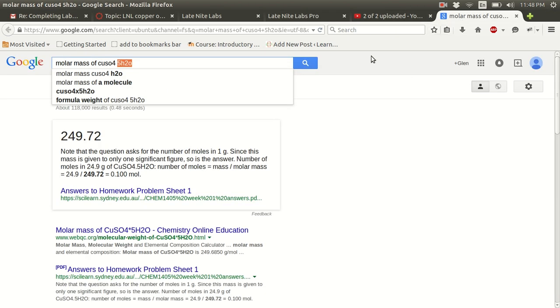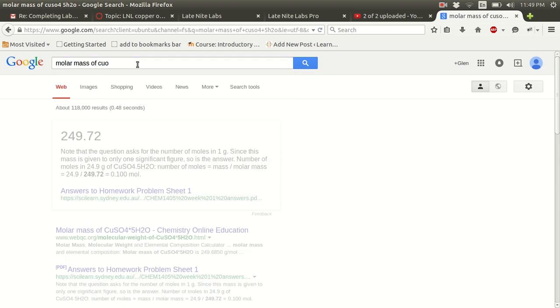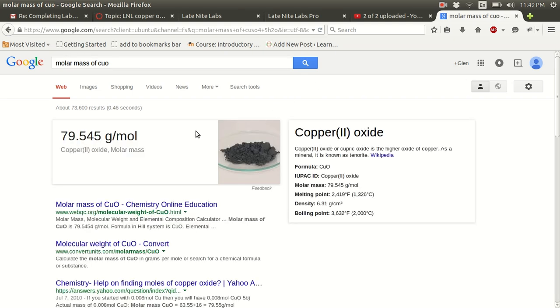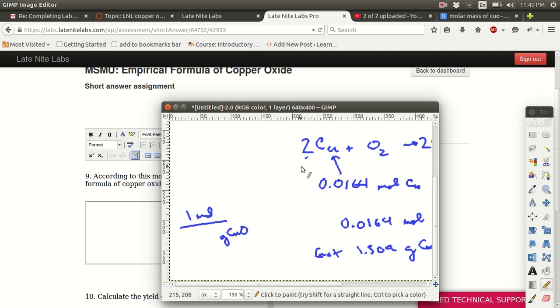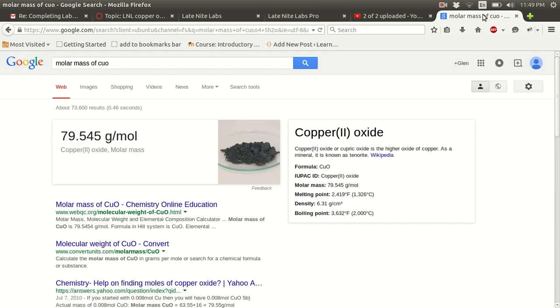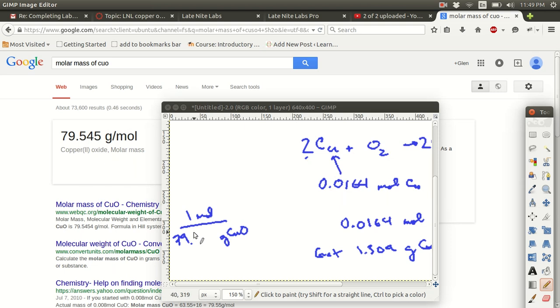Let's ask Google how many grams there should be. Molar mass of CuO. What is that? 79.545 grams per mole. Oh, sorry, I forgot it already. 79.545 grams per mole. 79.545 grams in 1 mole.